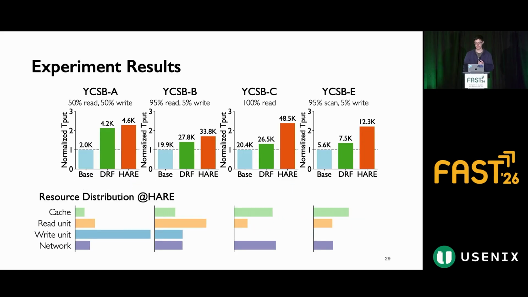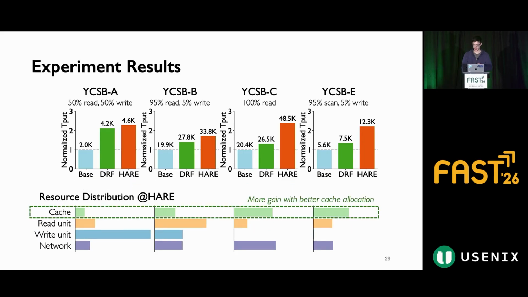HARE can further optimize the cache allocation according to the hotness, according to how each tenant benefits from cache, such that it achieves much higher throughput compared to pure DRF, with at least 1.7x improvement over baseline. This result demonstrates the benefit of holistically allocating all resources with a uniform framework.